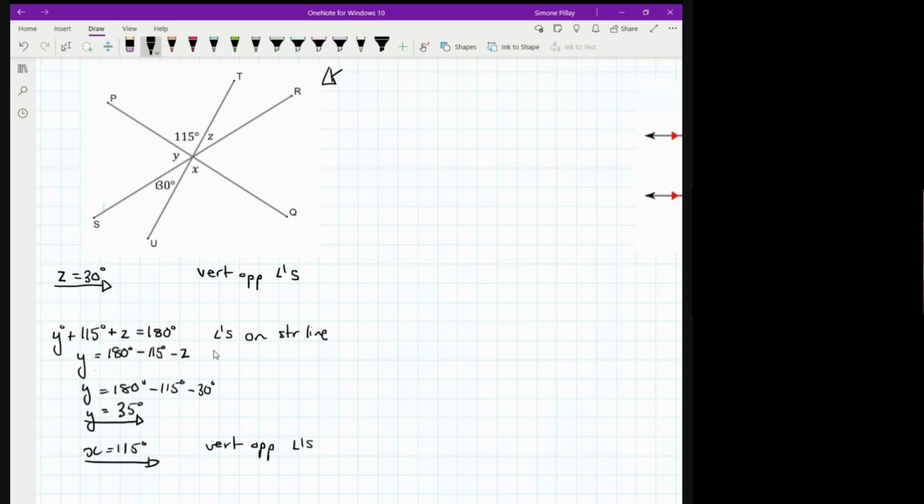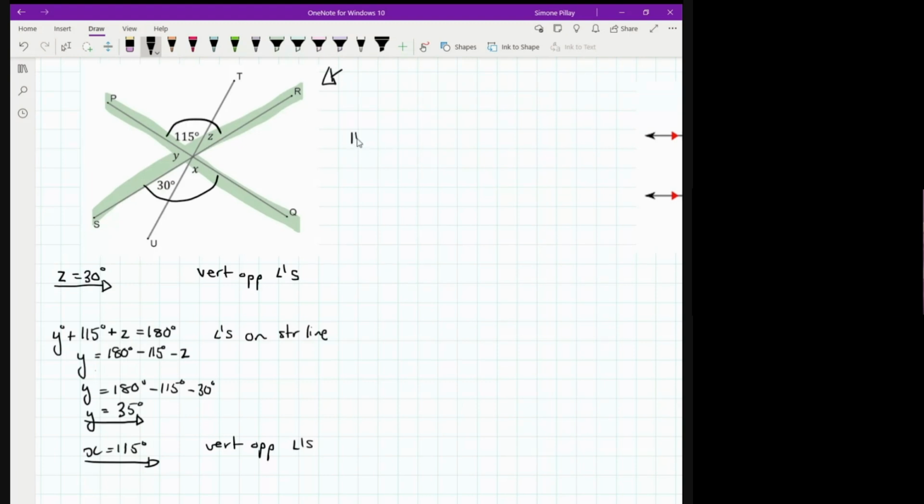Anyways, what I want you to see is, if this was the X that you identified, 100% you could have used this to calculate that as well.